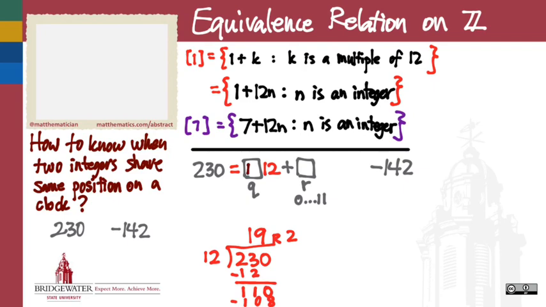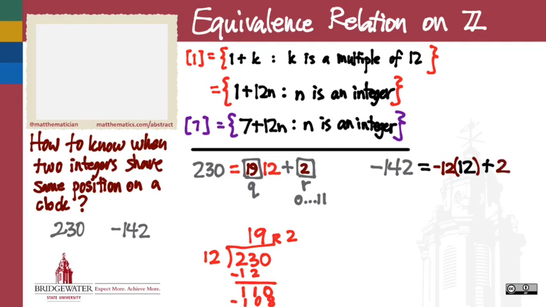And so at the end of the day, that's what I get by applying a division algorithm to 230 and 12. Okay. And then negative 142, we do the same thing. I'm going to spare you the details this time. This is going to give me a quotient of negative 12 and a remainder of 2.